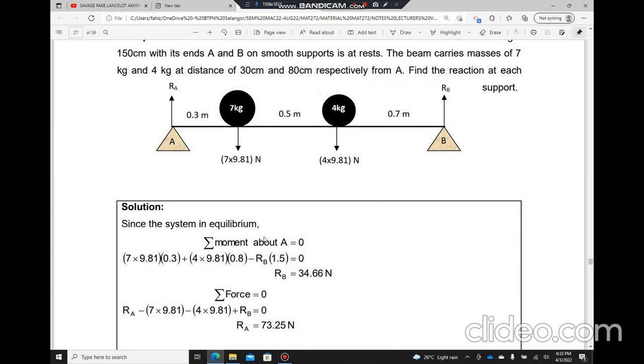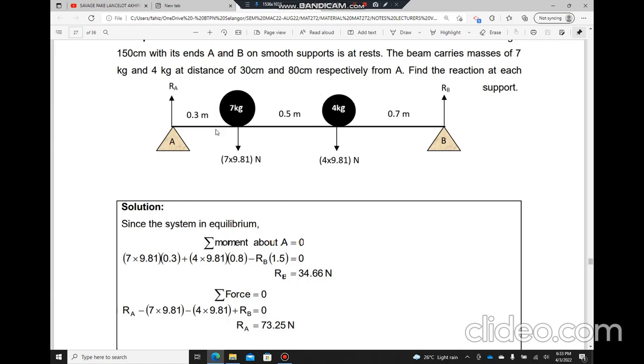So system is equilibrium kalau sum of moment about A is equals to 0 and sum of force is equals to 0. So kena kira dua-dua. So kita akan dapat solve untuk RA and RB. So yang ni lah maknanya dia nak find the reaction at each support. Reaction maksud dia RA and RB. Okay, so ingat awak kena kira dua-dua, maknanya sistem equilibrium kita boleh ambil dulu moment, kira dulu untuk moment untuk dapatkan nilai RB, and then kira untuk force.